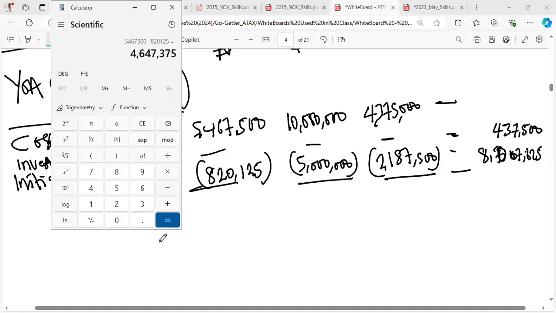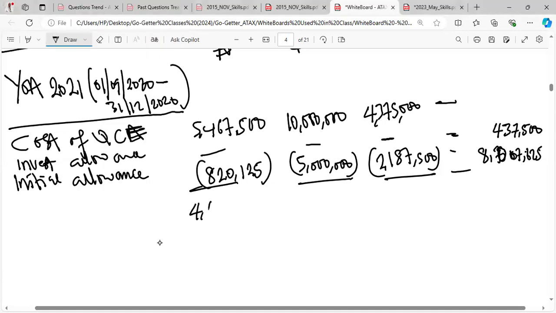That will give me 4,647,375. I hope I wrote the right thing. 4,647,375. That's good. So this is my tax written down value.